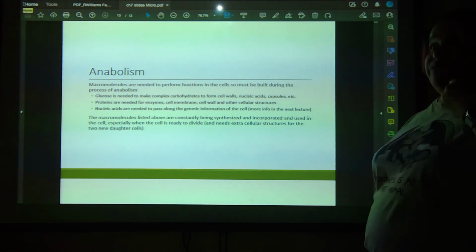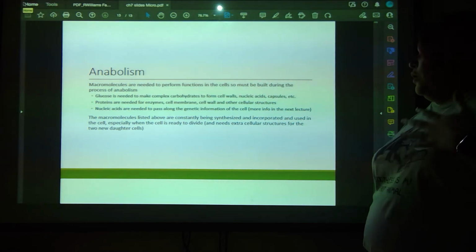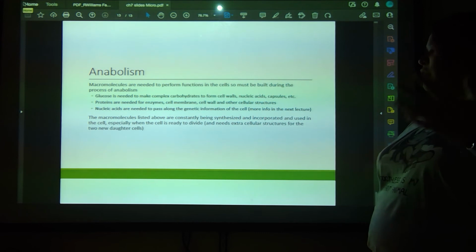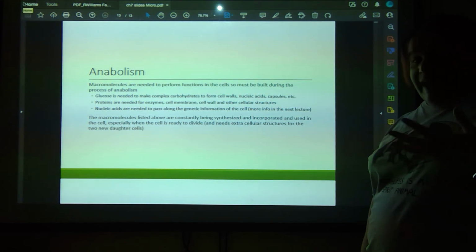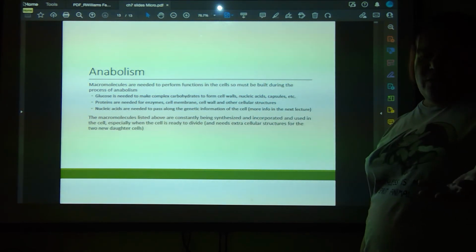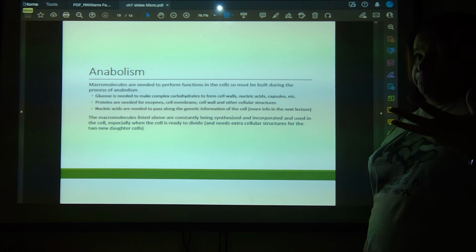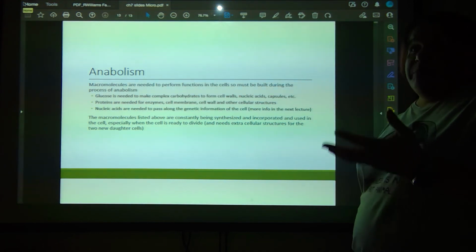Proteins are needed for enzymes, for the cell membrane, for the cell wall, even other cell structures like channels. They are proteins. So I have to be able to make those basically from scratch so that I have those component parts that I need.